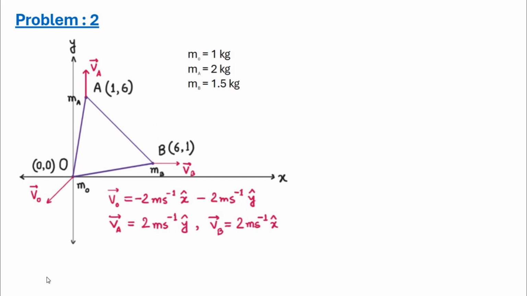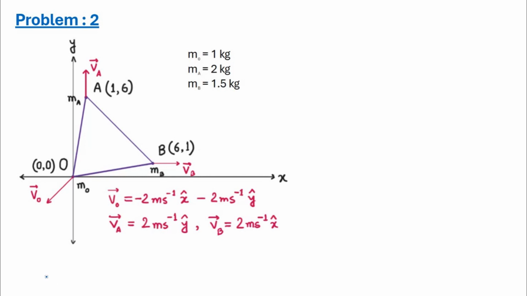Okay, so the next one is problem number 2. We see that this problem is given in the form of a picture. We can see 3 masses, MO, MA, and MB. MO is situated at the point O, which is also considered to be the origin of a given predetermined coordinate system.